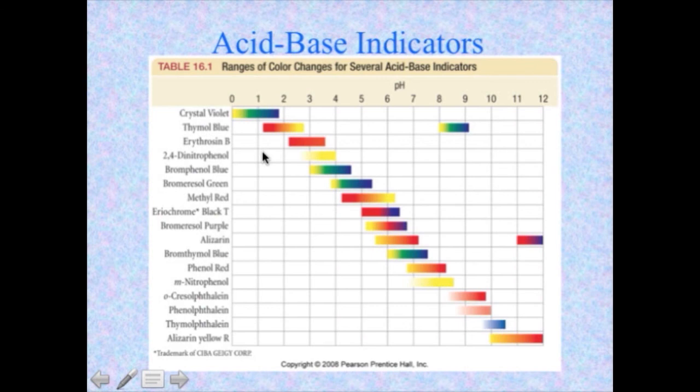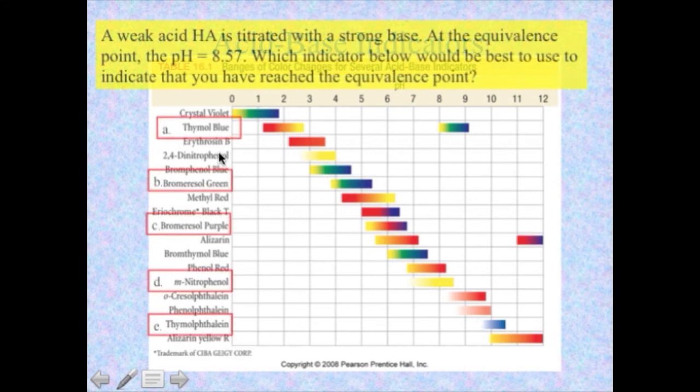So here's a list of various acid-base indicators and their colors, both in the acid form and in the base form. And you can see there's quite a range of them. So if I ask you a question like this, a weak acid is titrated with a strong base, at the equivalence point the pH is 8.57, so which indicator below would be best to use to indicate that you have reached the equivalence point?